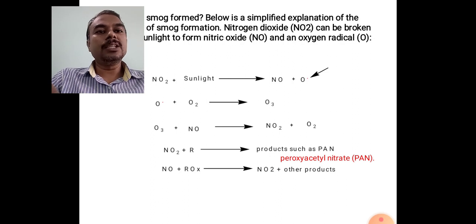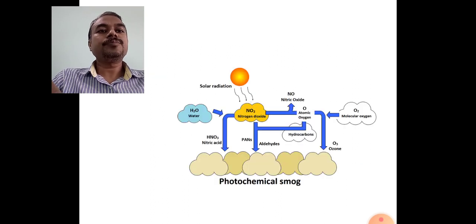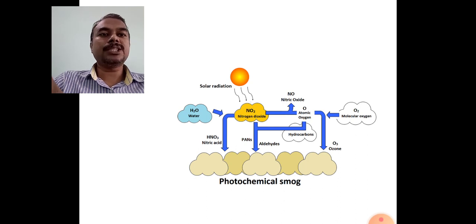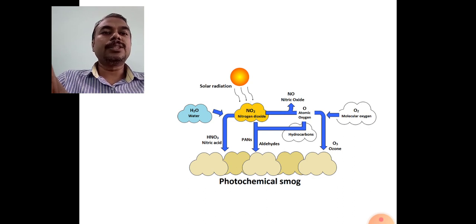Now we can see the other things in the form of a representation. So in the solar system, under solar radiation which gives a photochemical reaction, the nitrogen dioxide reacts with sunlight to give nitric oxide and oxygen radical.